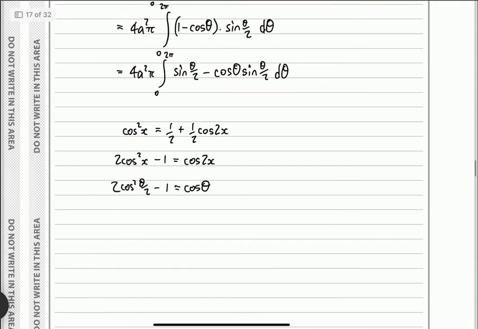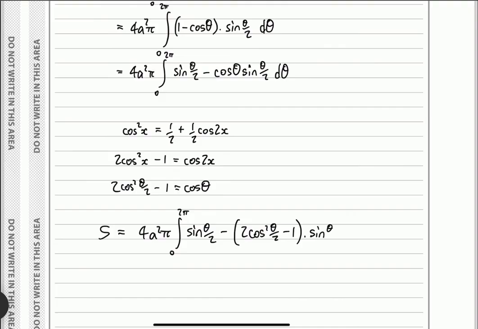So that has the same argument and is the right trig function to help us integrate. So that 0 to 2 pi seems like a long integration, this one. Minus 2 cos squared theta by 2 minus 1, times sine of theta by 2.